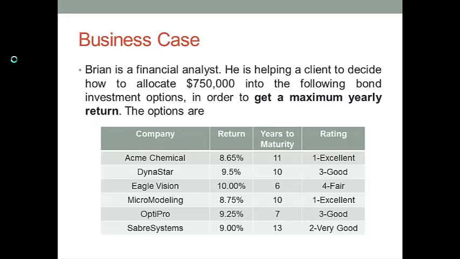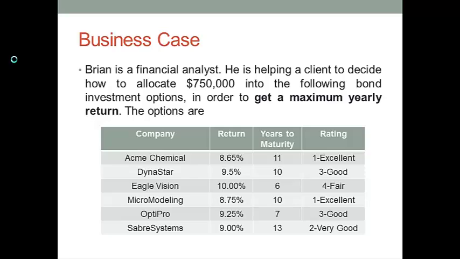On this table, you can see the bond name, the return rate, which is the interest rate for each bond, the years to maturity for each bond, and the risk rating. When you invest, you have to consider the risk factors, right? In practice, you usually get the rating from agencies like Morningstar, Bloomberg, those financial organizations.